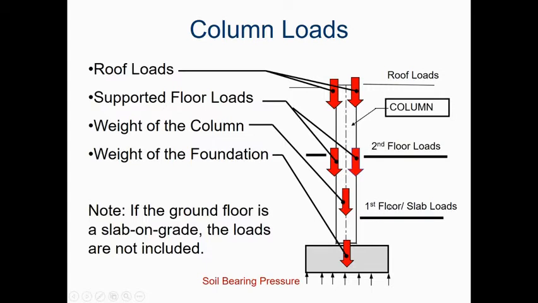We have this first floor and slab, but please note that that is not applied to our column because, as it says here, if the ground floor is on grade, on ground, then the load is not included. So if we have a slab of concrete that's poured over here, its load is being supported by the ground over here. It's not being supported by our footing over here.